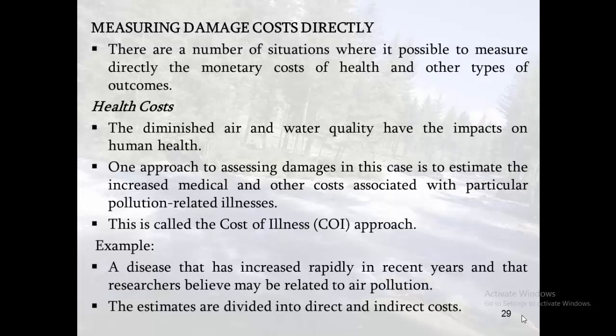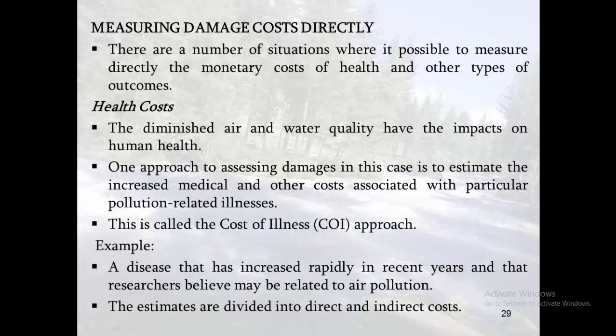There are a number of situations where it is possible to measure directly the monetary cost of the health and other types of outcomes. The damages caused by environmental degradation or pollution or the release of other gases can easily be calculated. There are different ways to calculate such damages, and one way to measure directly is the health cost.